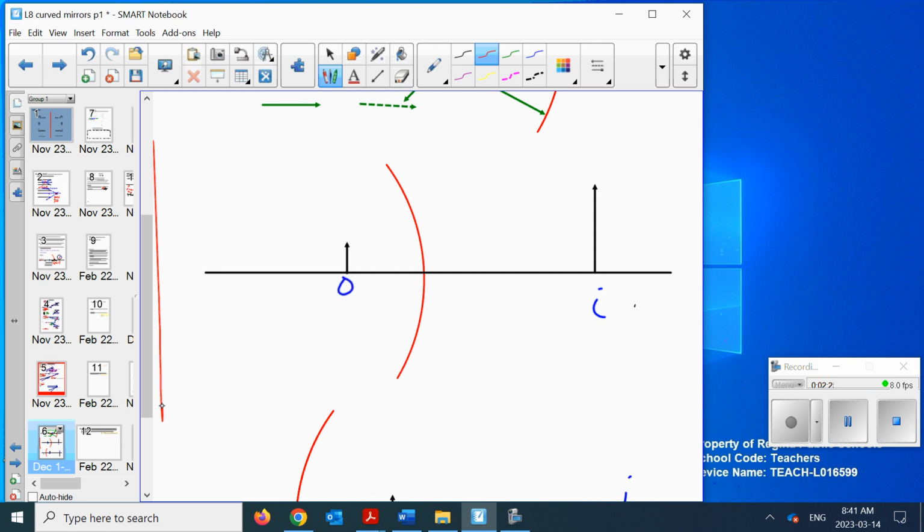I use these rules. Actually, I'm going to pull this down for the next question. Parallel to the principal axis, it hits the mirror and goes through the focal point. But in this case, you have to line it up behind the mirror.